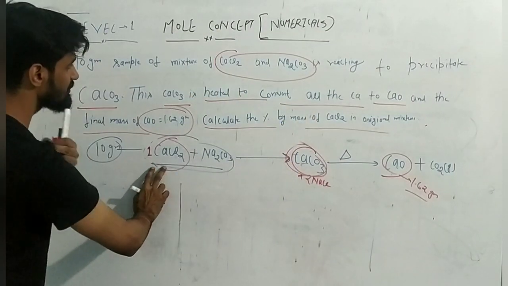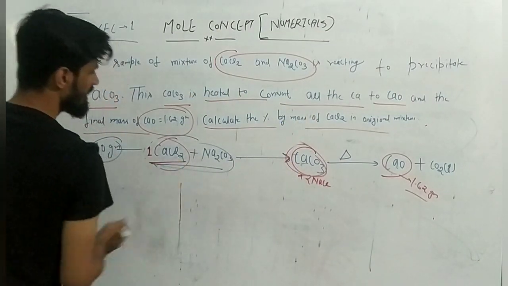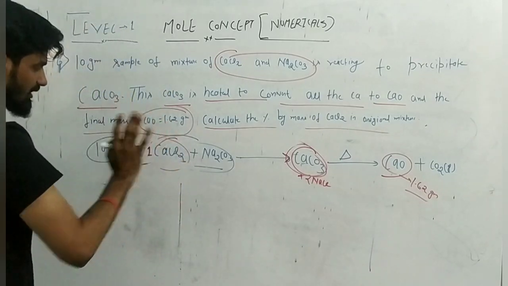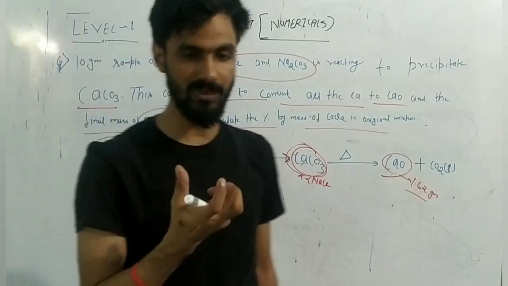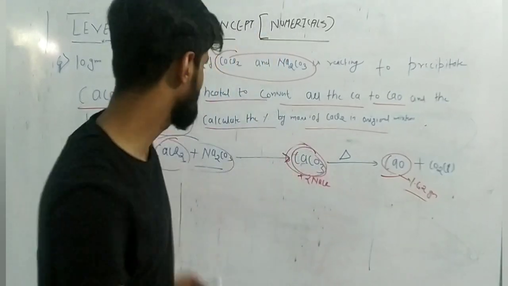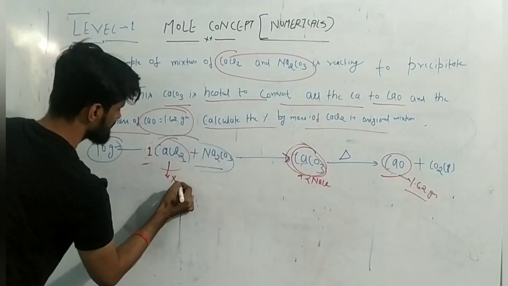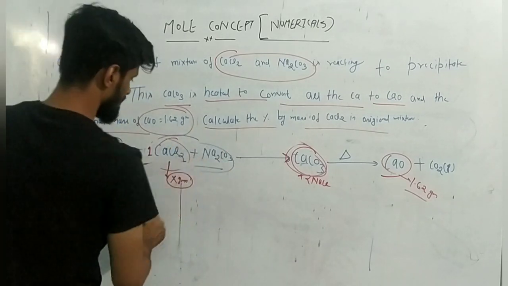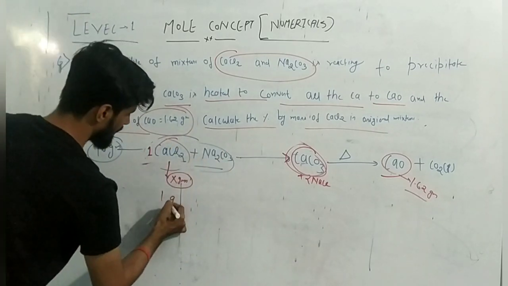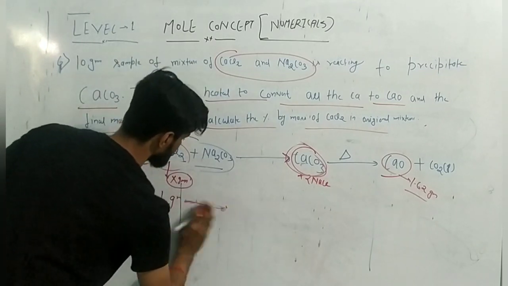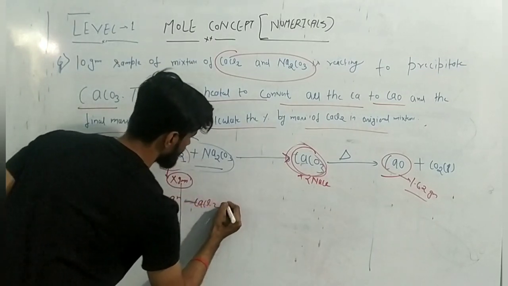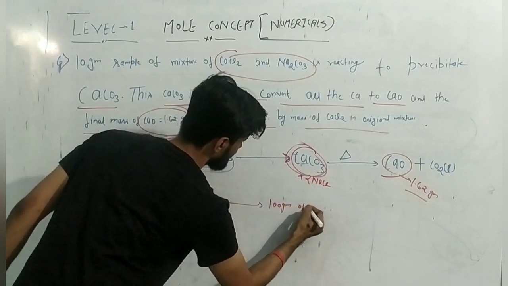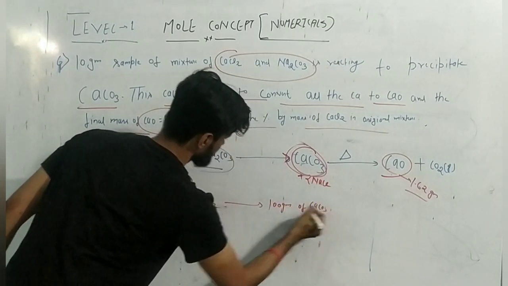So if you calculate the molecular weight of CaCl2, just try to understand. Here I am assuming the weight of CaCl2 in the sample of CaCl2 and Na2CO3 is x gram. Now 1 mole of CaCl2, molecular weight 110 gram, will produce 100 gram of CaCO3.